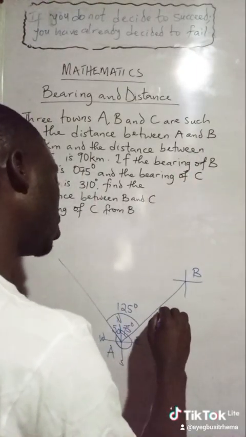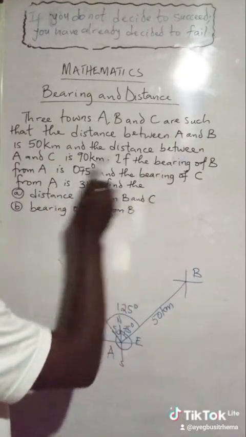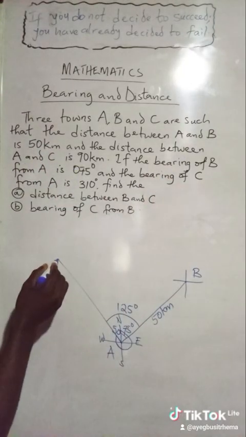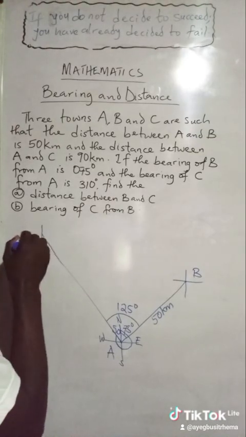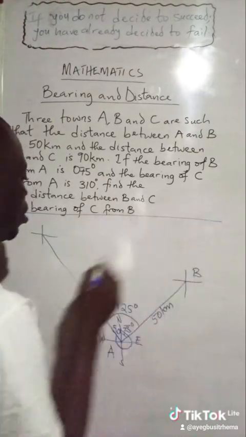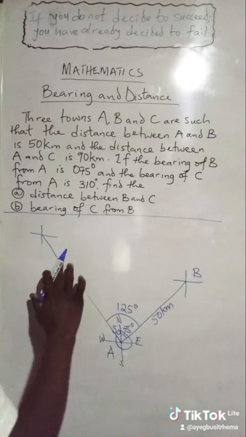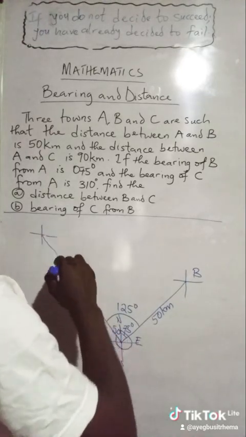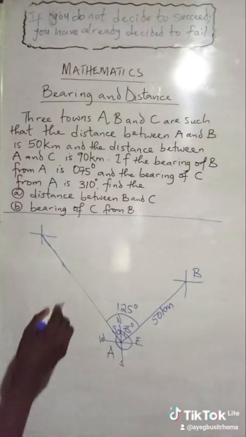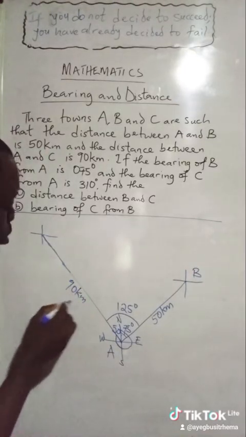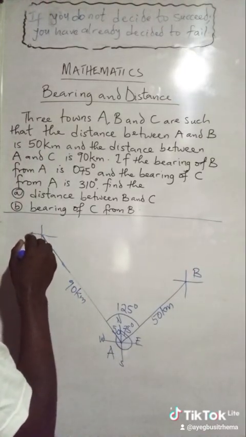This is 50 kilometers. And the distance between A and C is 90 kilometers. Okay, let's extend this. 90 kilometers. So you have 90 kilometers here. And this is your C.